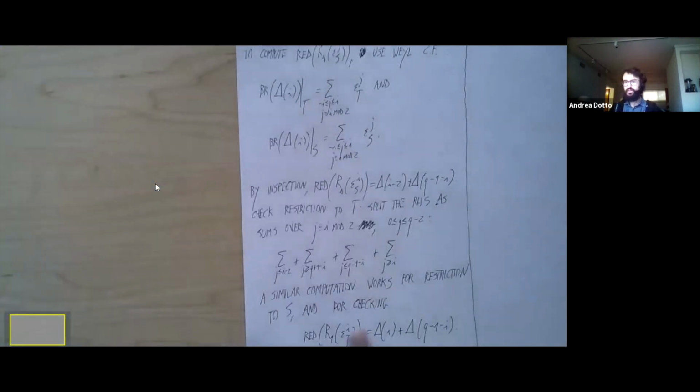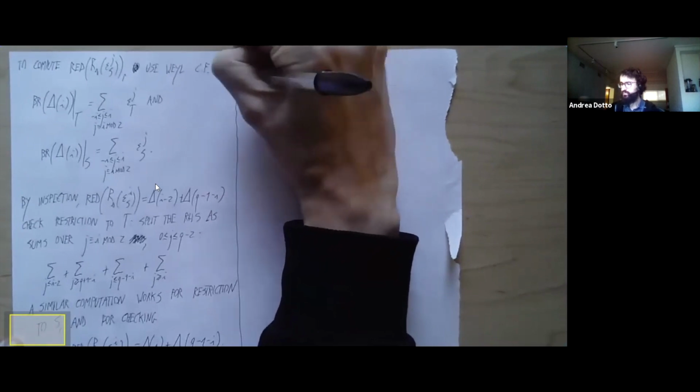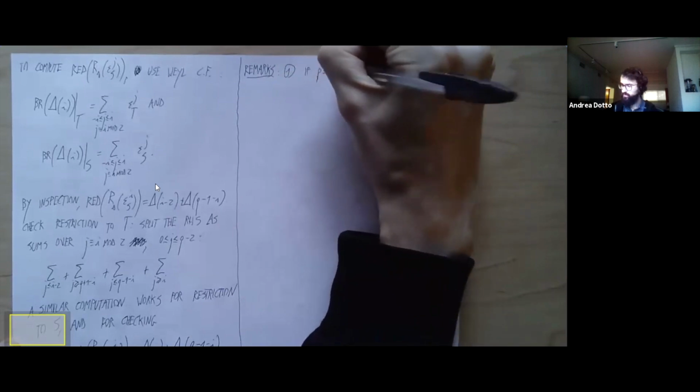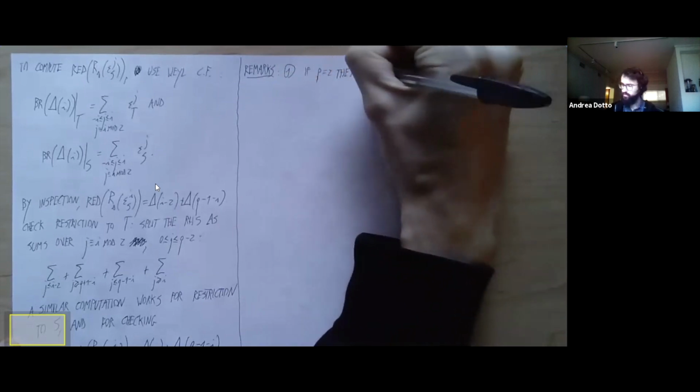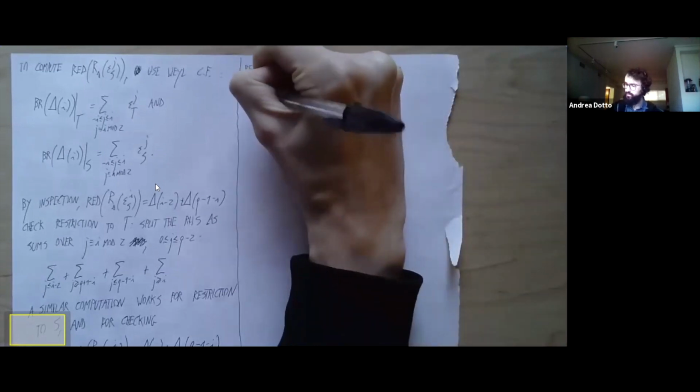So before going on to the last step in finding the decomposition matrix, I just want to make 2 quick remarks. The first one is that I have assumed in this computation that Q was odd. But actually, if P is equal to 2, then you find that the formula I have given for the restriction to the torus changes a little.